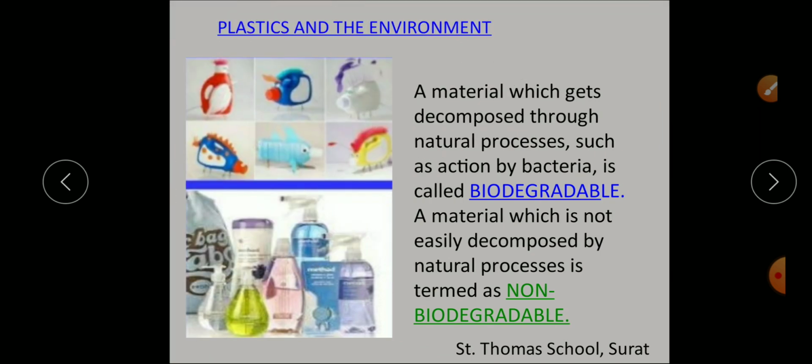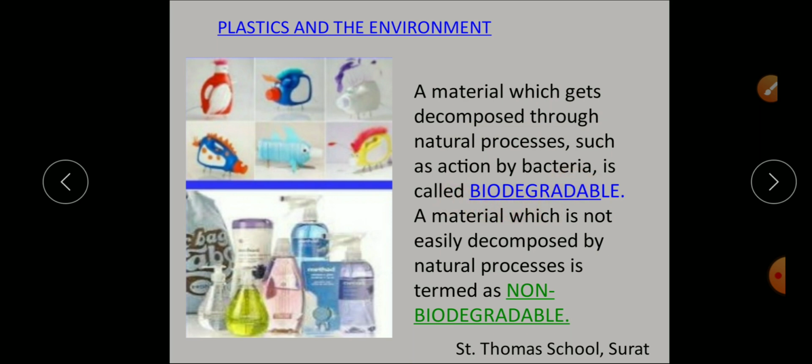Okay, so the next topic is plastics and the environment. A material which gets decomposed through natural processes such as action by bacteria is called biodegradable. I repeat, a material which gets decomposed through natural processes such as action by bacteria is called biodegradable.